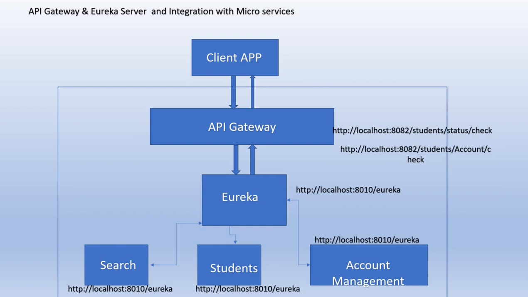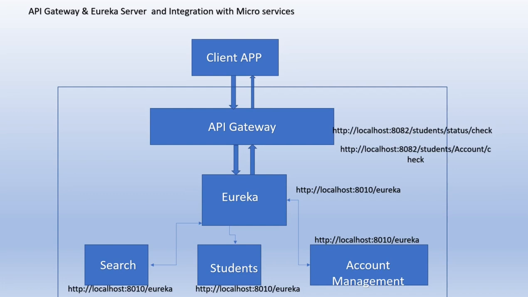And Eureka is like a server, and Eureka will act as a Eureka server, Eureka client, and API gateway. So with the help of the API gateway, load balancing is effectively managed.